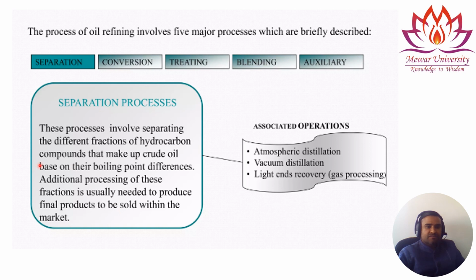Here this is the first stage of separation, that is distillation. It is called the separation process of distillation. Based on the boiling point differences we collect petroleum products like naphtha, hydrogen, kerosene, diesel, etc., based on their boiling point, and then further these products are processed in the next unit of the refineries.